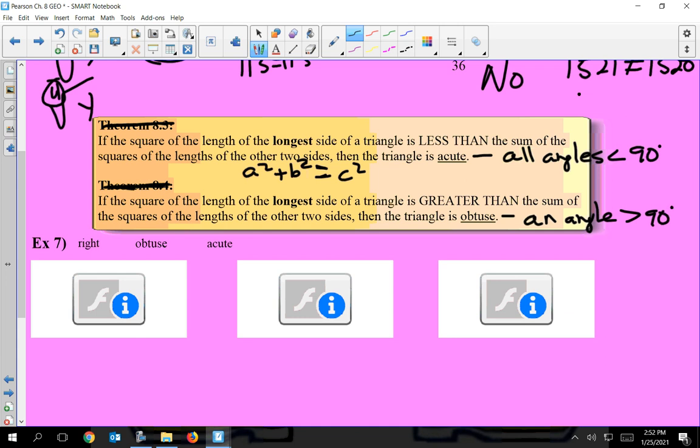So let's write this down now. In Pythagorean theorem form, the sum of a squared and b squared in this case will be less than c squared. Okay, the sum of a squared plus b squared would be less than c squared. But let's read it backwards. This is the converse.